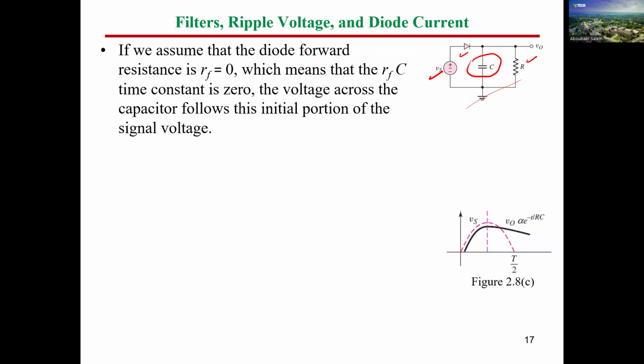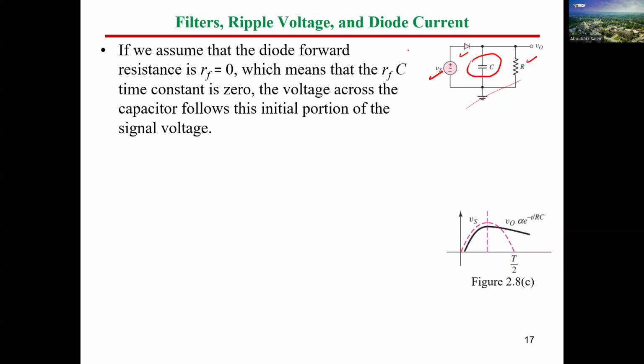If we assume the forward resistance of the diode is 0, so assume that it's an ideal diode, which means that the RFC time constant is 0.